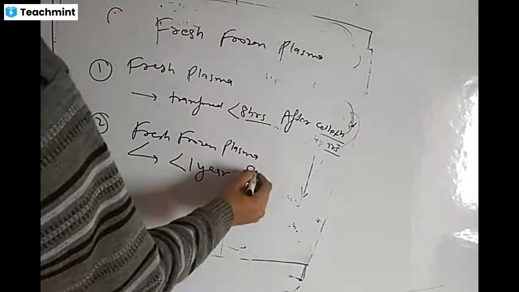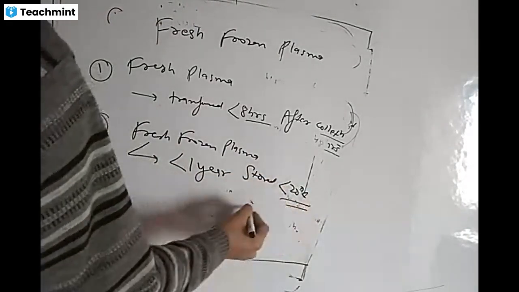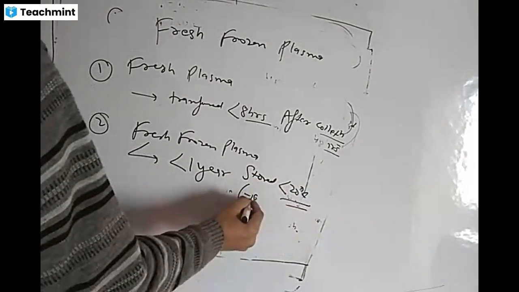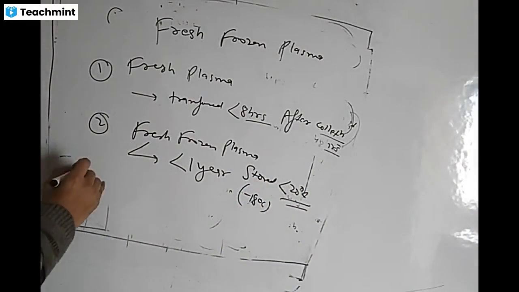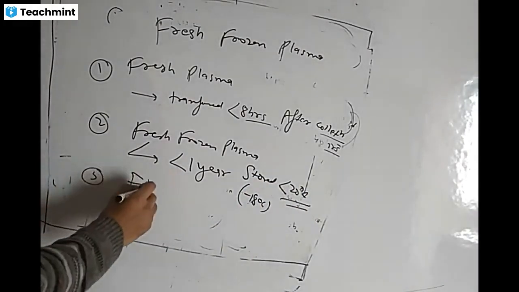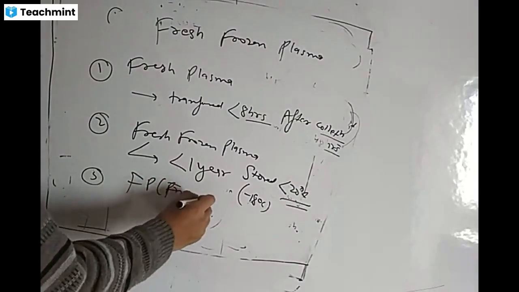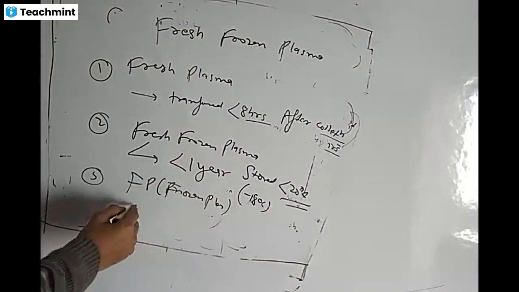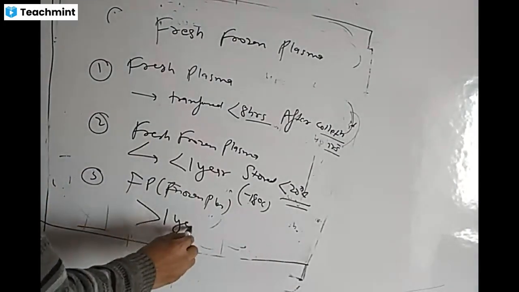It is stored below minus 20 degrees centigrade, maybe minus 18, but below 20. Third is simply FP, frozen plasma, which means plasma of more than 1 year of age.